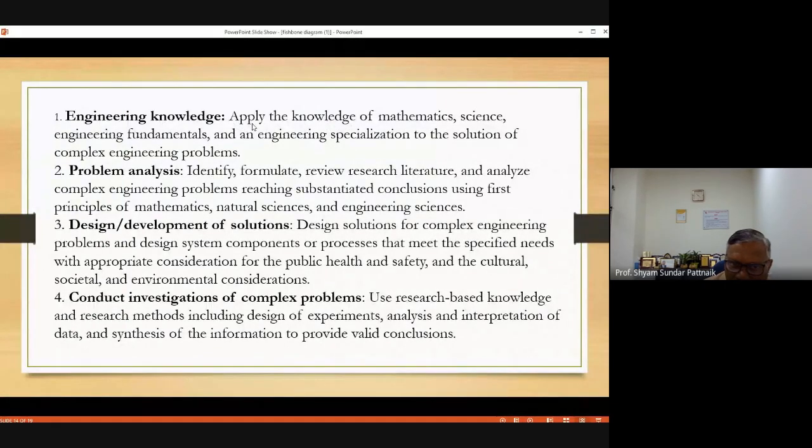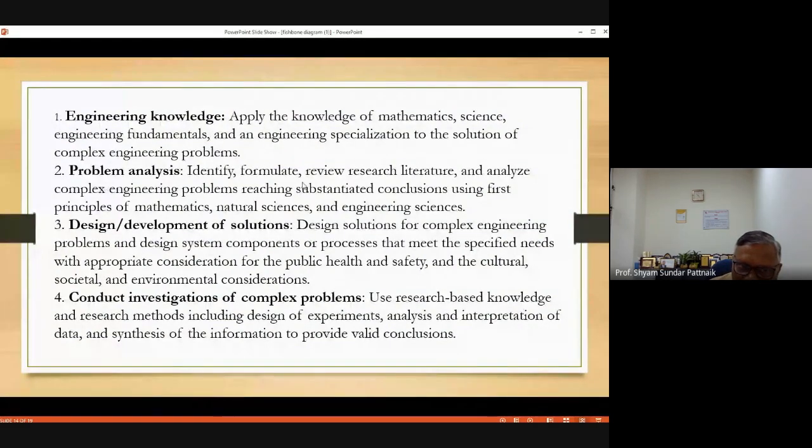It is: apply knowledge of mathematics, science, engineering fundamentals, and engineering specialization to solve complex engineering problems. So if you see here, engineering knowledge is the attribute which the student will have, and with that, he will be in a position to apply the knowledge of mathematics, science, engineering fundamentals or engineering specialization to solve any complex problem.